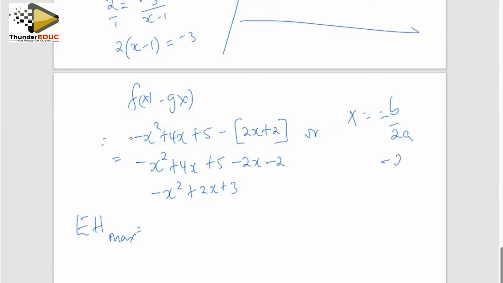That's negative 2 over 2 times negative 1, which means the maximum is happening at x equals 1. If I find the derivative, that's negative 2x plus 2 equals 0. Move the 2 that side, divide both sides by negative 2, so x is 1.